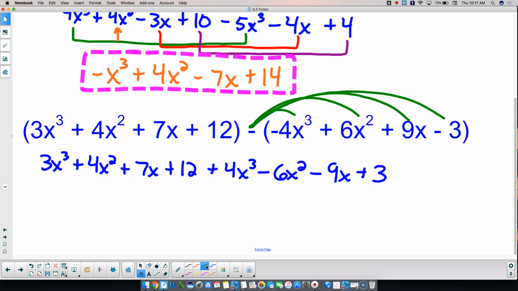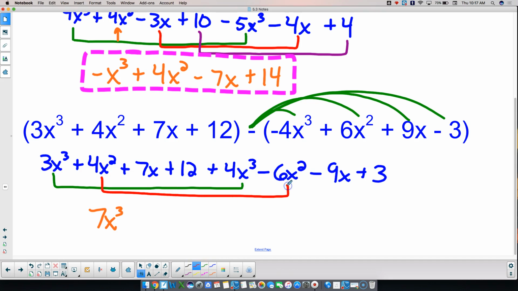Biggest exponent is cube. So I look for all of my cube terms. There they are. So 3 plus 4 is 7. Squared terms next. 4 minus 6 is negative 2.